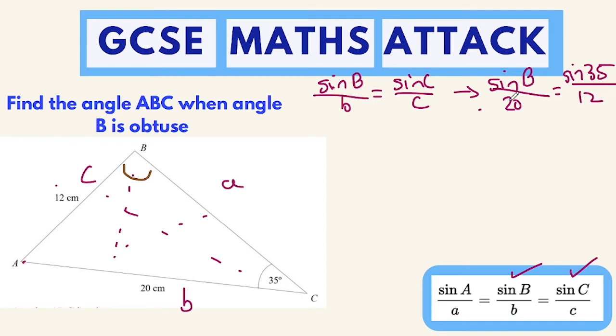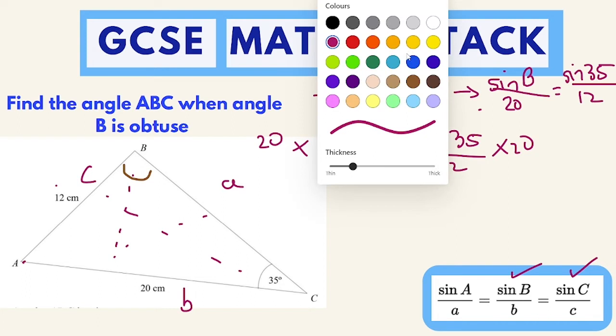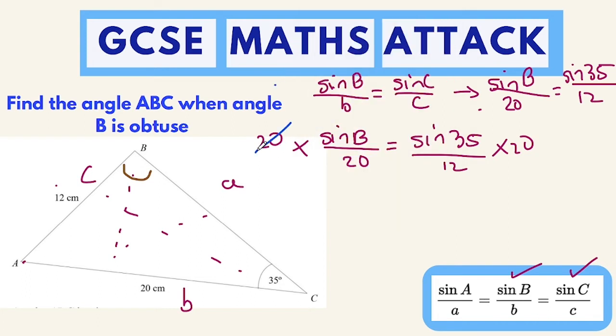Okay. Now I'm going to remove this 20. In order to remove this 20, I need to multiply both sides by 20. So this gives me sine 35 over 12 times 20. This leaves me with sine B equals sine 35 over 12 times 20.